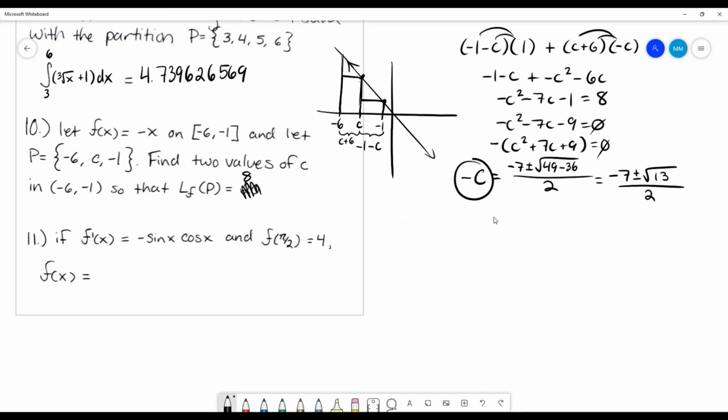And I know that this is negative, so I know that c is going to equal the negative version of this. This is 2 possibilities for c. And I'm just going to type that into my calculator. So I'm going to type in first the plus. So I'm going to get negative 7 plus square root of 13 divided by 2, and then times negative 1 because of this negative here.